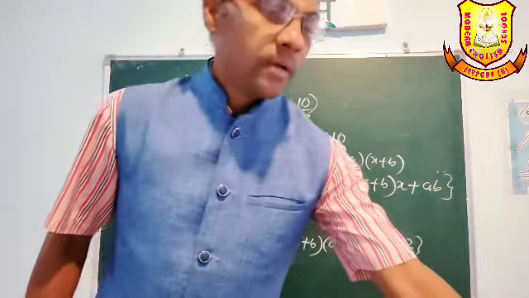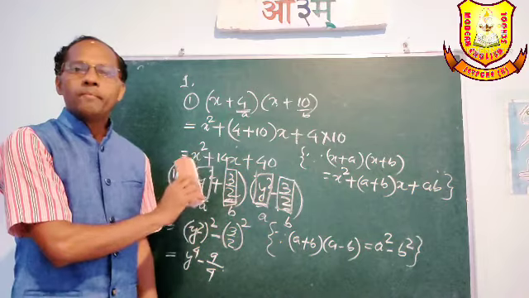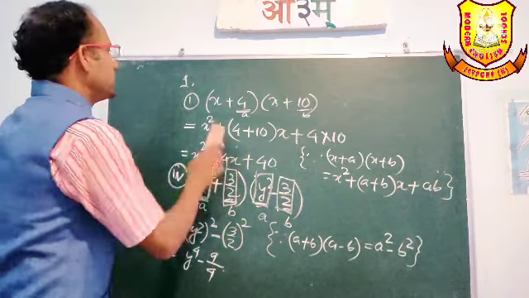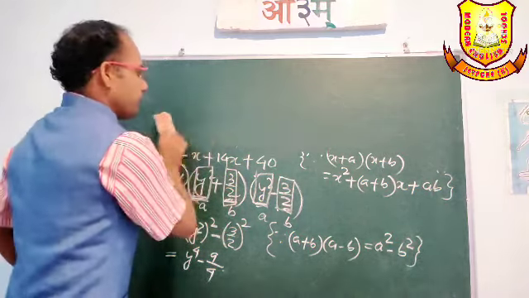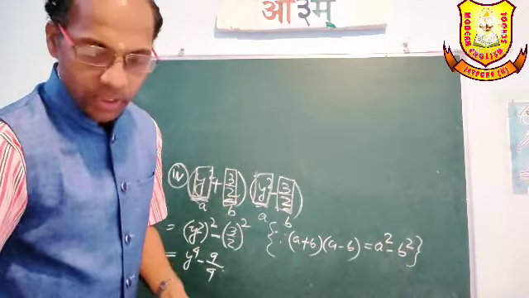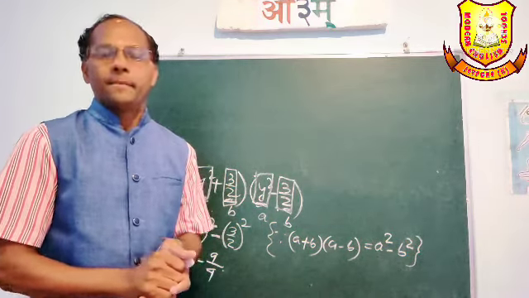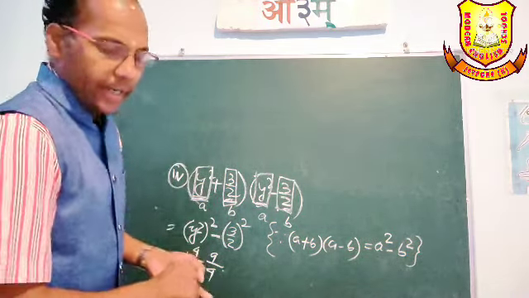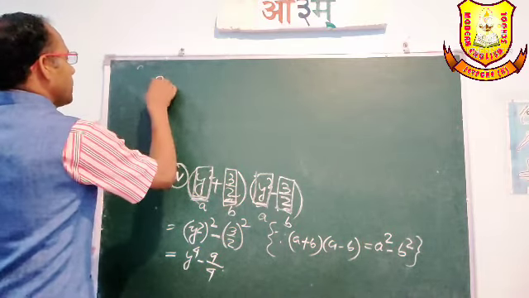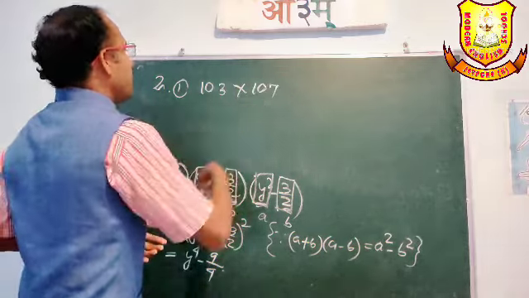Okay, very good, nice. Now question number 2. Can I write this? Yes, good. Question number 2. Evaluate the following products without multiplying directly. First one, 103 into 107.